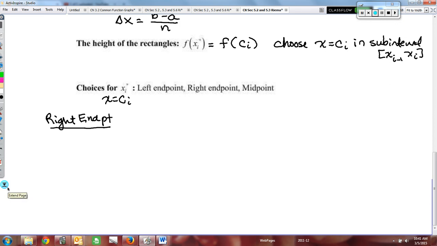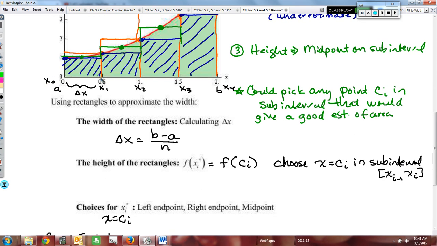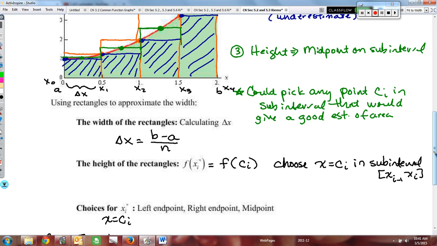Okay. So I have my beginning x sub 0, which is really your A. But I want to choose the first endpoint over here. That's the right endpoint. So x sub 1 is what I want to choose first. How do I get x sub 1?